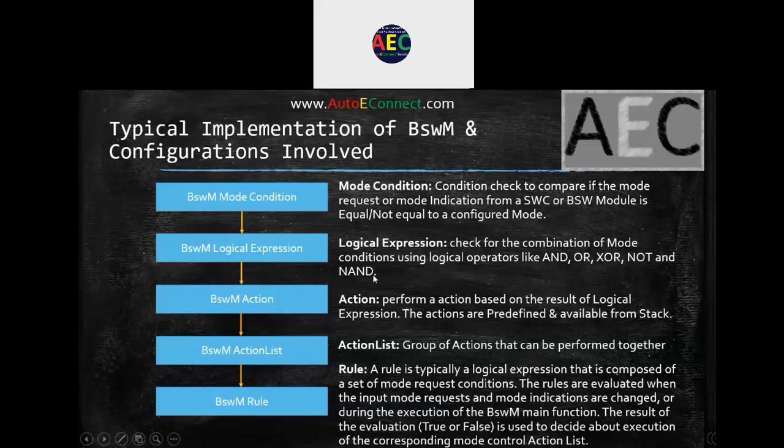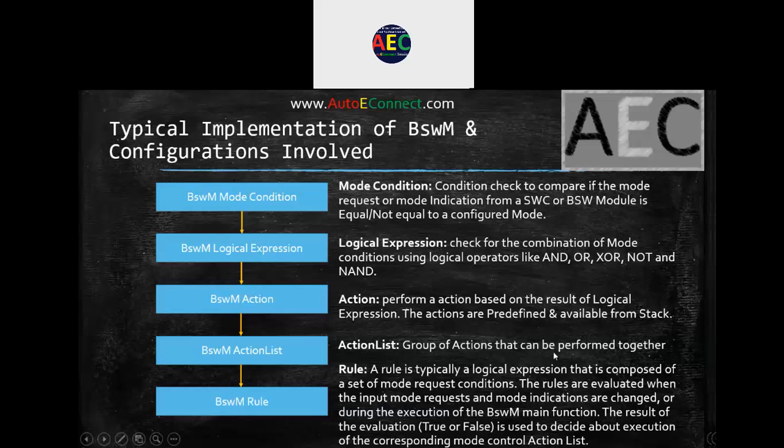So we have initially configured a mode condition, and then using these mode conditions we perform a logical expression check. Whenever the logical expression check either passes or fails, we have an action to perform. For example, a single result can have multiple actions to be performed. In that case, we have the action list in place.